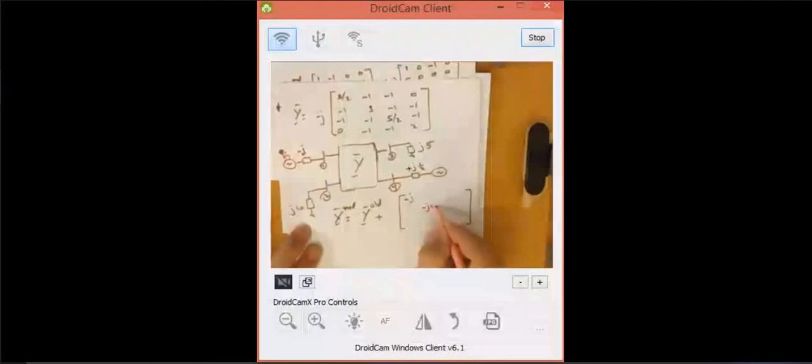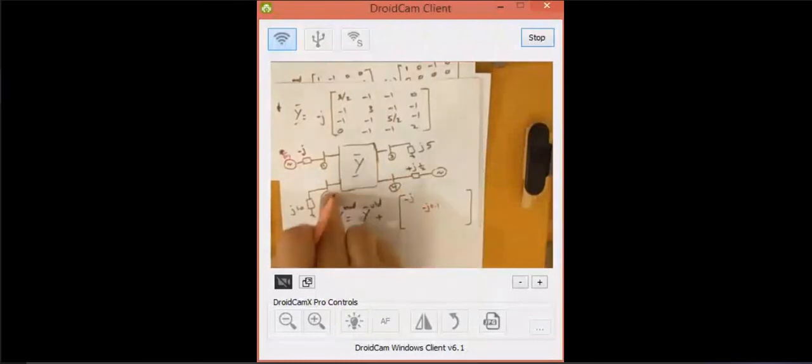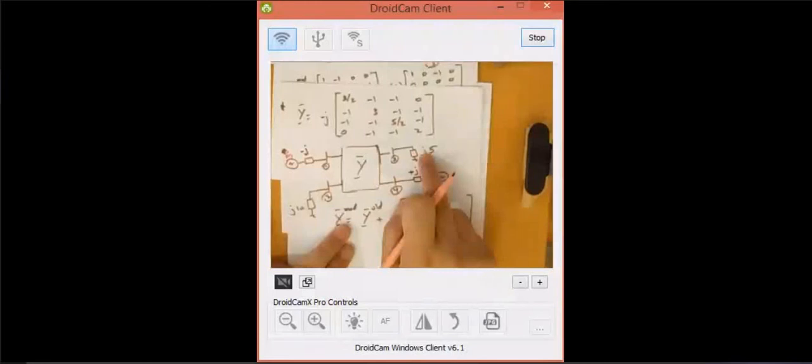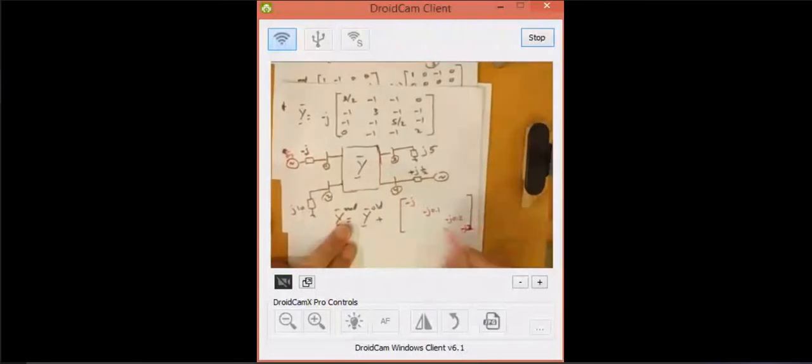Bus number 3, again we have a load with j equal to 5, then 1 over j5 is equal to minus j0.2, and it is going to affect only bus number 3. And bus number 4, we have a generator, again replace it with a short circuit, and 1 over j half is equal to minus j2, which is going to affect bus number 4. The rest, of course, are all zero.